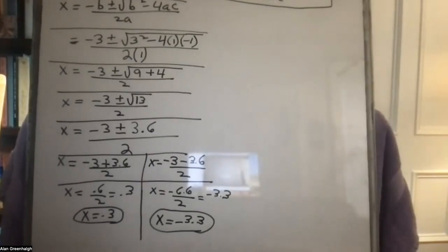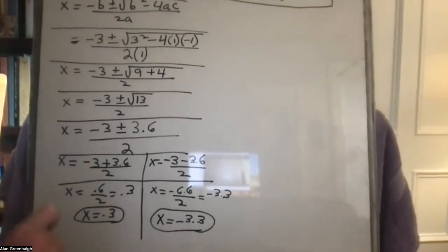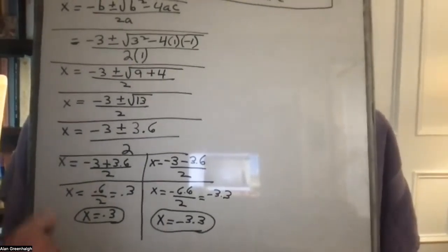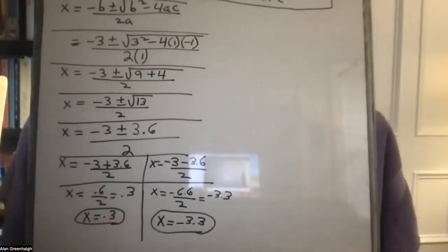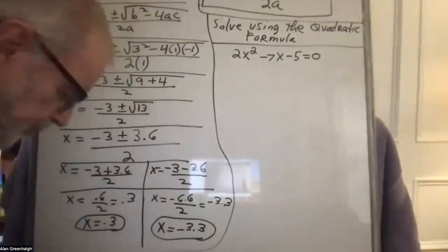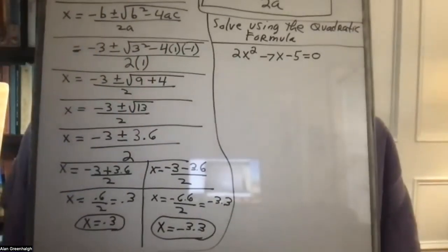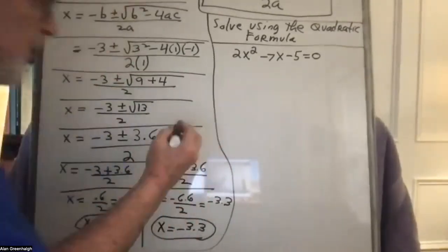Okay, I'd like to give you one to try. It's slightly more difficult. Okay, but here it is. So the question will be... this is the way I do it.